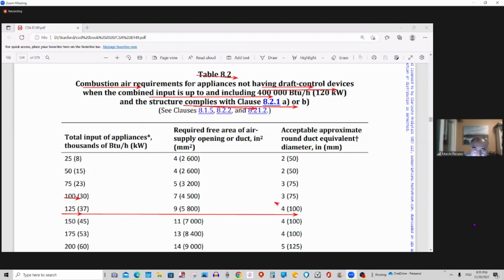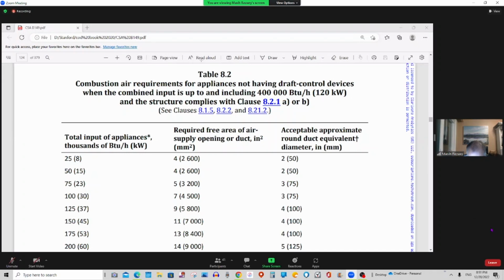I want you to solve this problem. I have two appliances: a furnace with 100,000 BTU with draft control, and a hot water tank, 140,000 BTU without draft control.